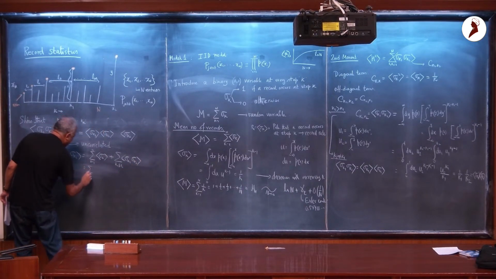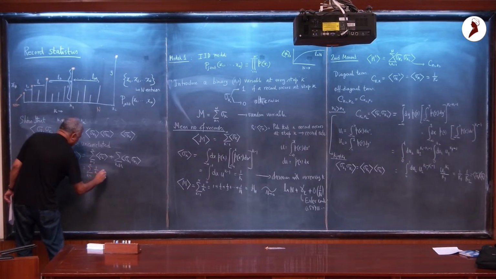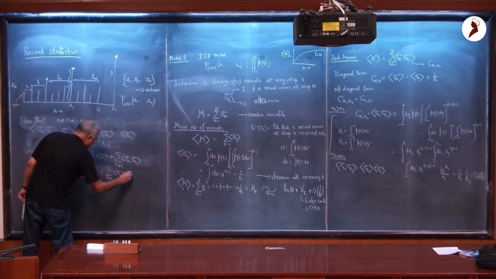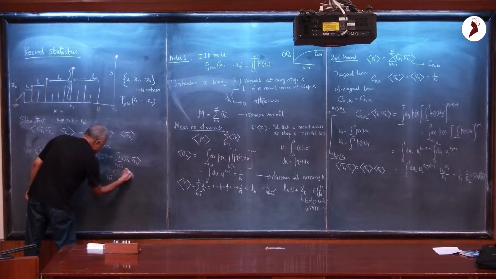So this we know the answer, 1 over k. And this guy, we know that this is the expectation of sigma k1 times sigma k2, which means basically 1 over k1 times 1 over k2.